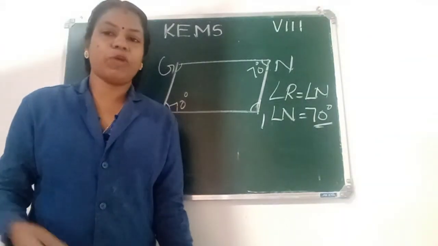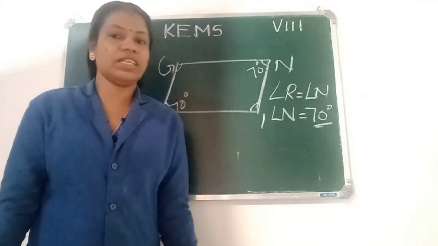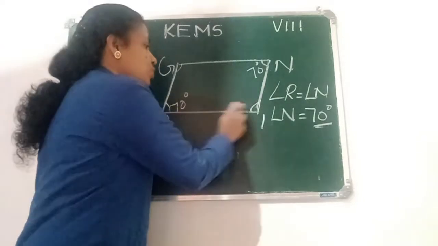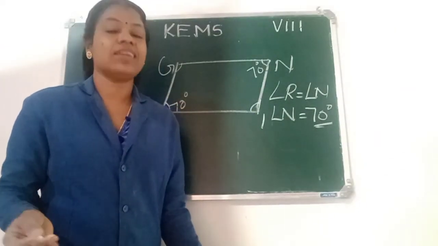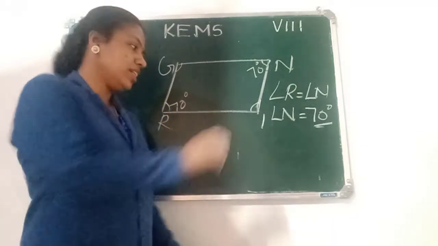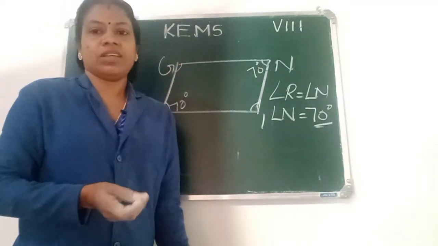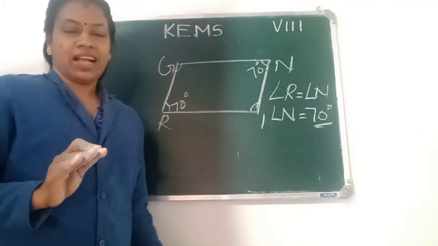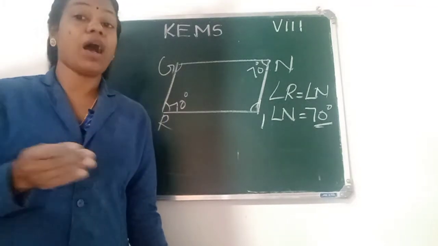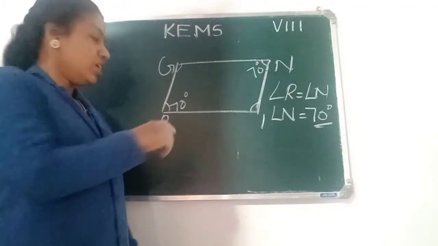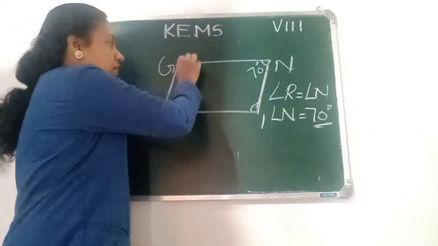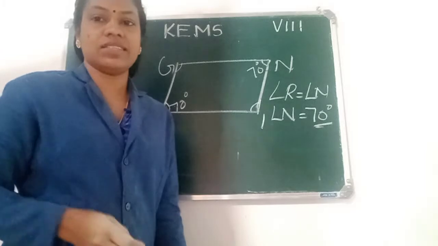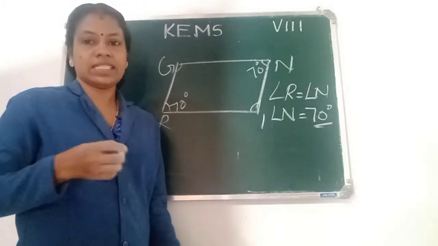Then, one more property that we have learned. What is that? Yes, 2 adjacent angles of a parallelogram are supplementary. So, this angle is 70. What about this angle? The sum of these 2 angles is 180 degree. That is supplementary.